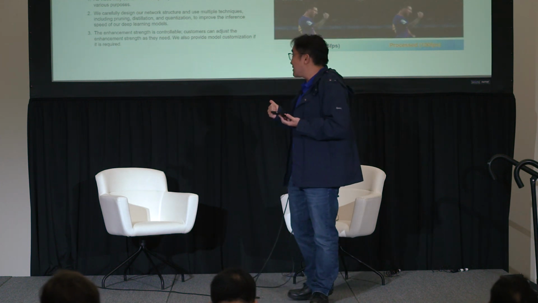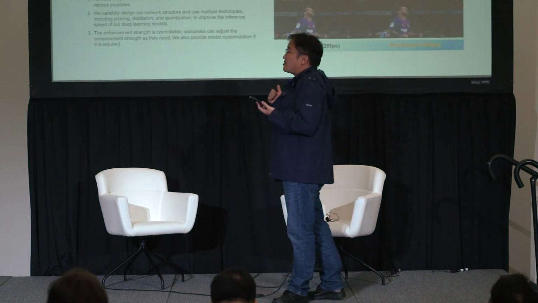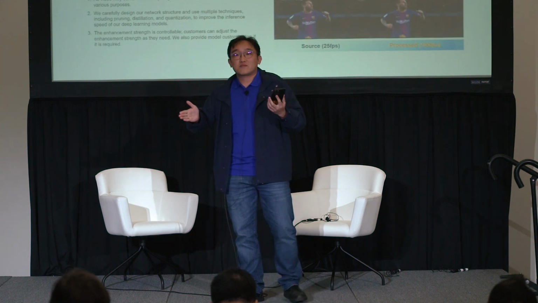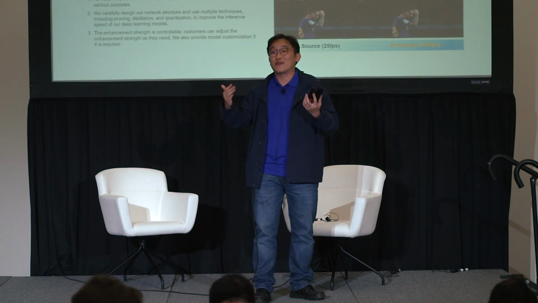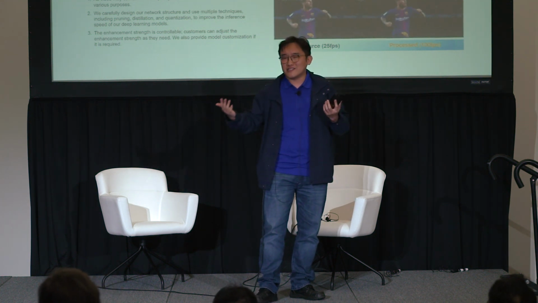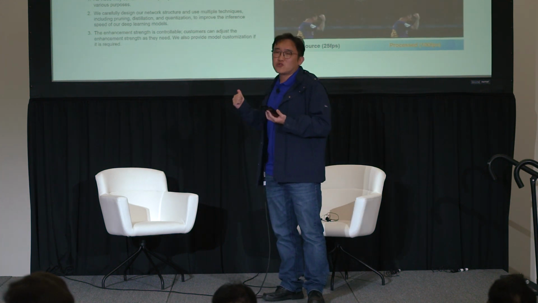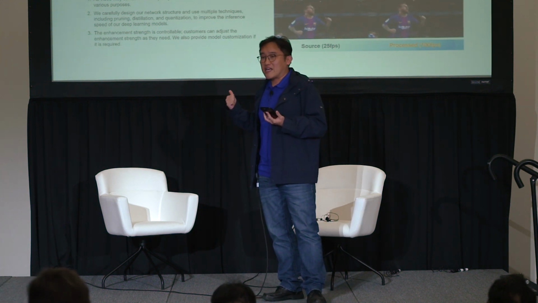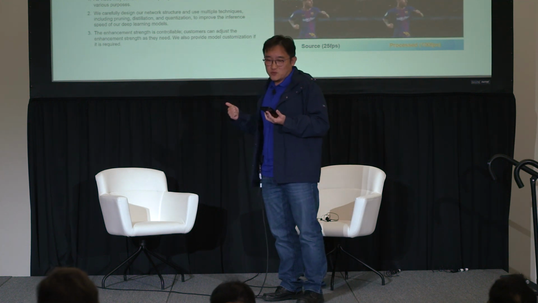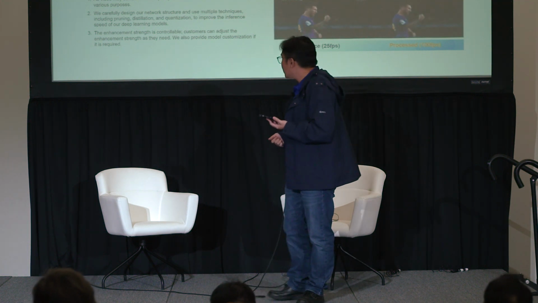The next challenge is that different people or customers prefer different views of the image. Someone thinks, oh, brighter is better. Someone doesn't like it. So how could we control the enhancement strength? That's what we mainly do.